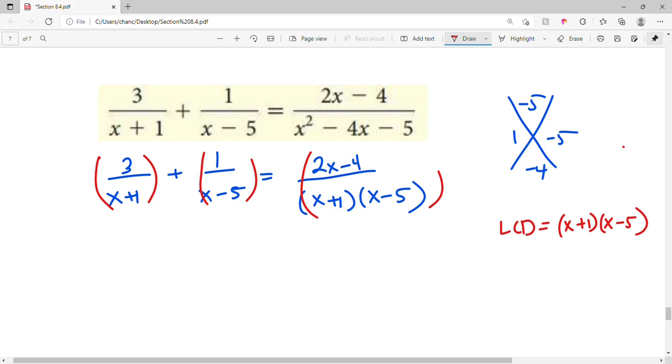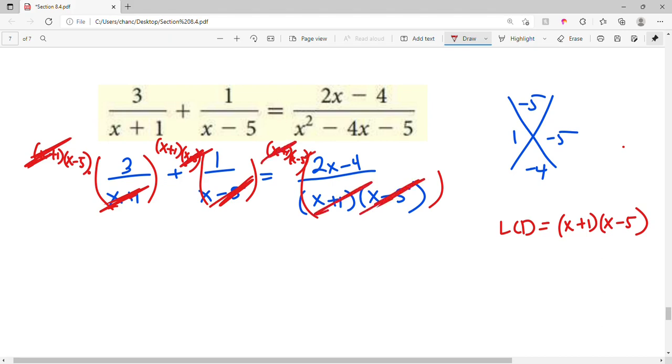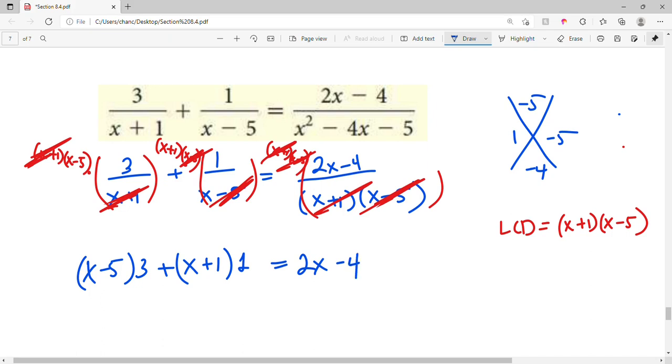So let's multiply x plus 1, x minus 5 times the first term, x plus 1, x minus 5 times the second term, and again x plus 1 and x minus 5 times the third term. These will cancel out, and all of these on the denominator here cancels out, leaving me with x minus 5 times 3 plus x plus 1 times 1 equals 2x minus 4.